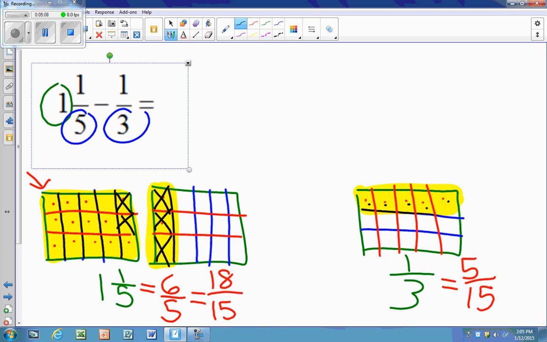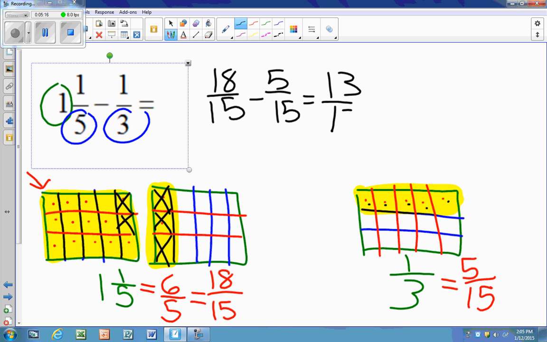And now I write my new sentence, which is 18 15ths minus 5 15ths, and that gets me to 13 15ths. And I can count that up by saying 1, 2, 3, 4, 5, 6, 7, 8, 9, 10, 11, 12, 13 15ths. And that is how I get my answer.